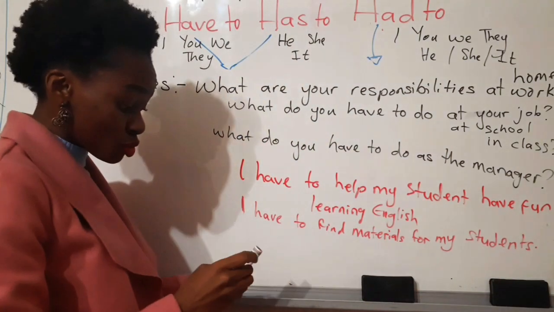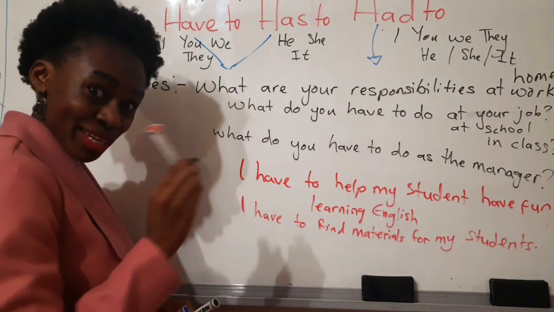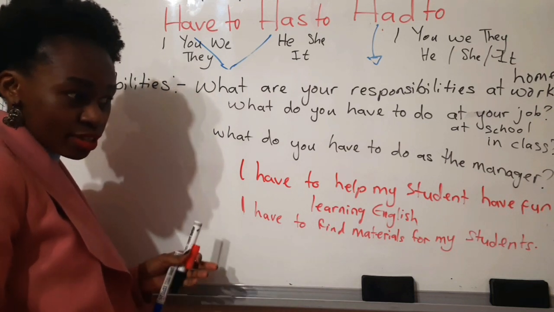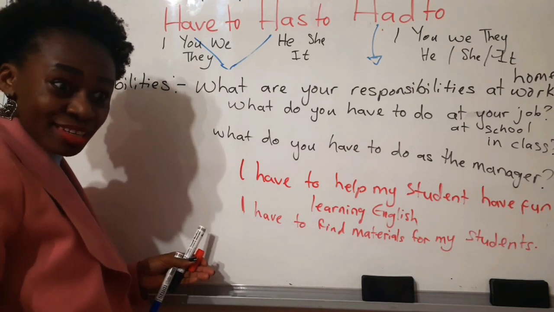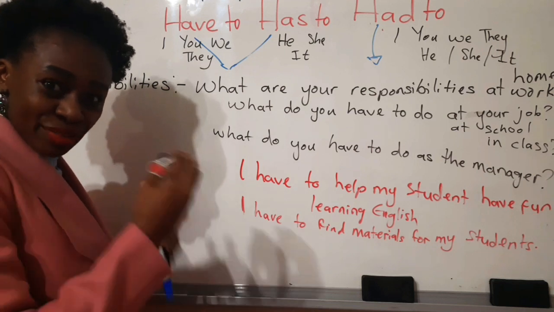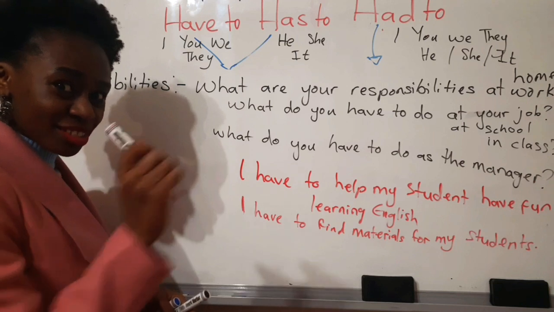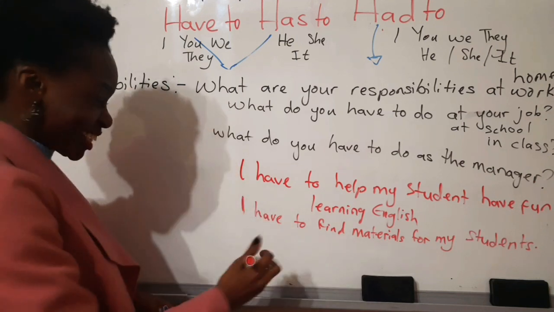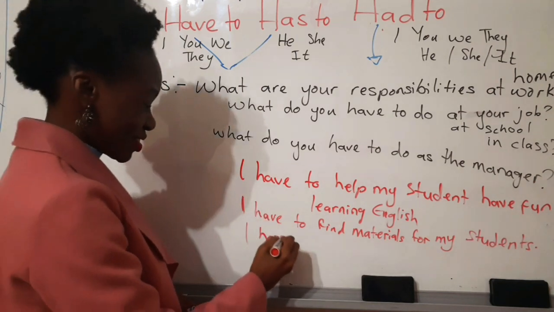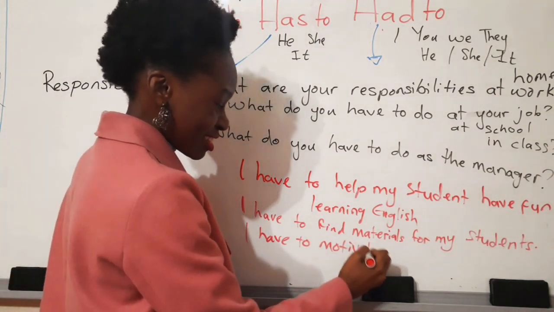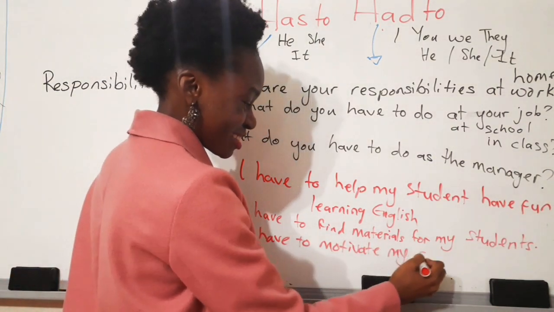I have to motivate my students. Sometimes they feel bad about their development. It's my job to say, no, you're doing great. Keep going. So I have to motivate my students.